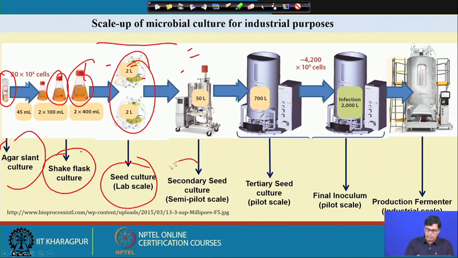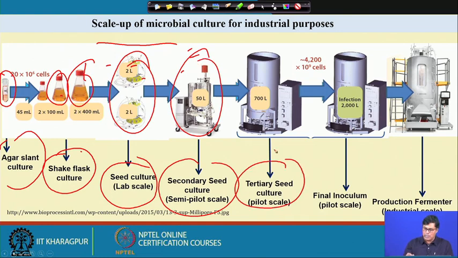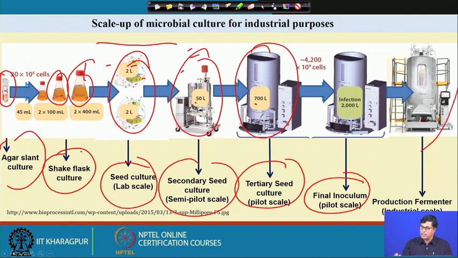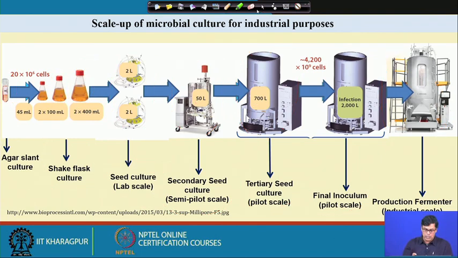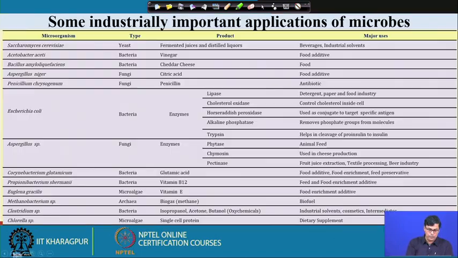Then we produce a secondary seed culture in a slightly bigger fermenter. Then a tertiary seed culture, going from 50 liters to 700 liters, and 700 liters to 2,000 liters. Then we go for the production fermenter. So this is how slowly we develop the culture for industrial processes.